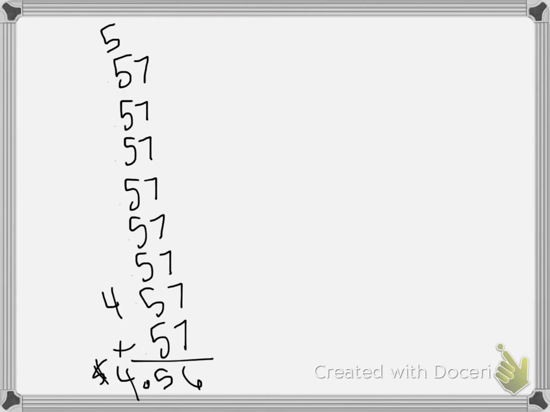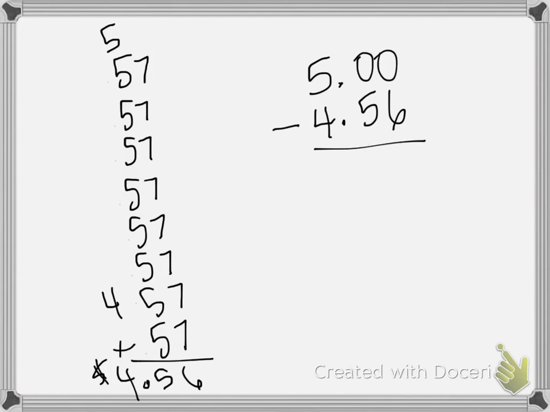That is not my answer. My answer was how much change would he get if he paid with $5. So here's my $5. How much change would he get from $4.56? 0 minus 6, you can't do, so you have to come over to the dollars. Change that to 4. Change that to 4.